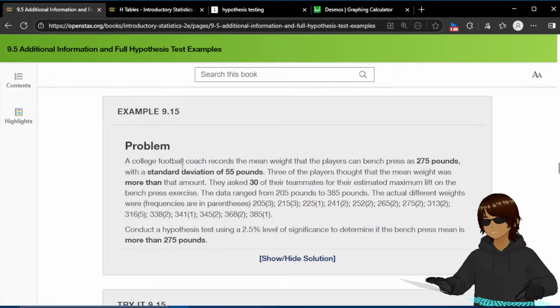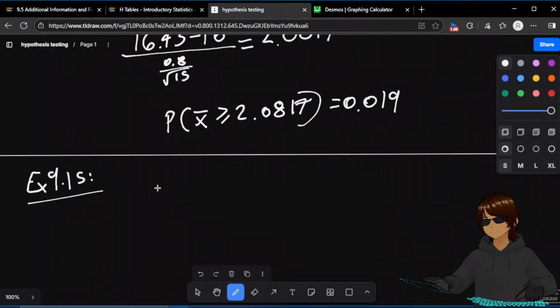A college football coach records the mean weight that the players can bench press as 275 pounds with a standard deviation of 55 pounds. Mean weight is 275 and standard deviation is 55.